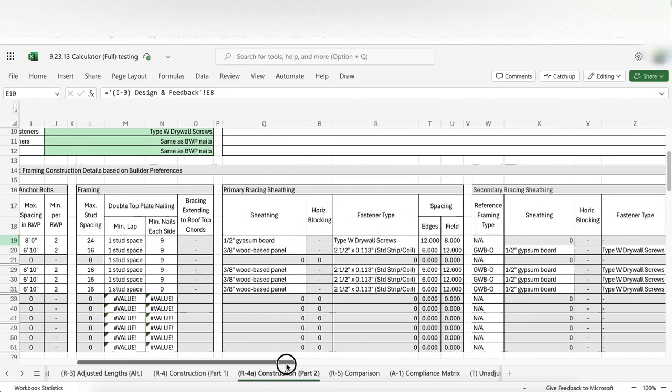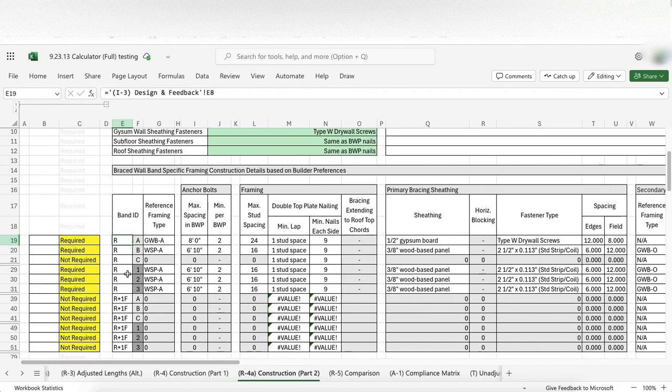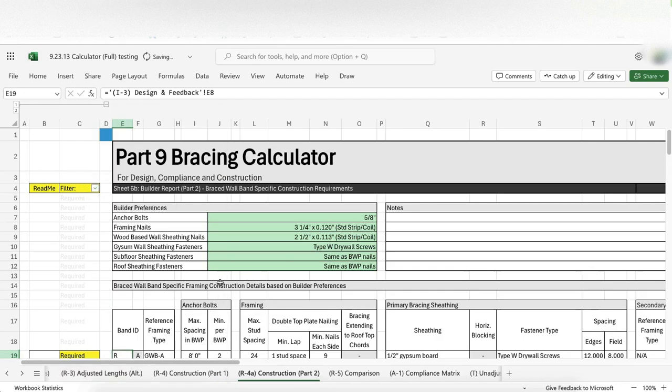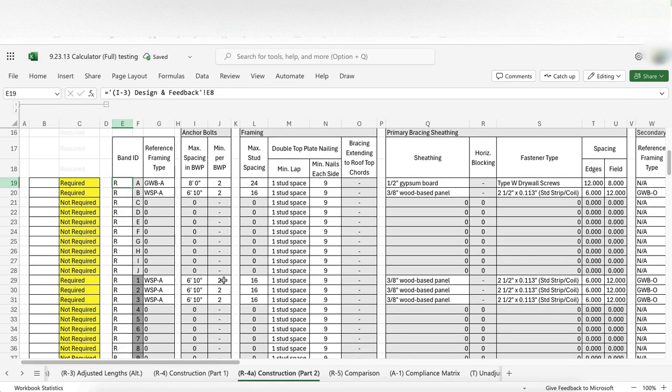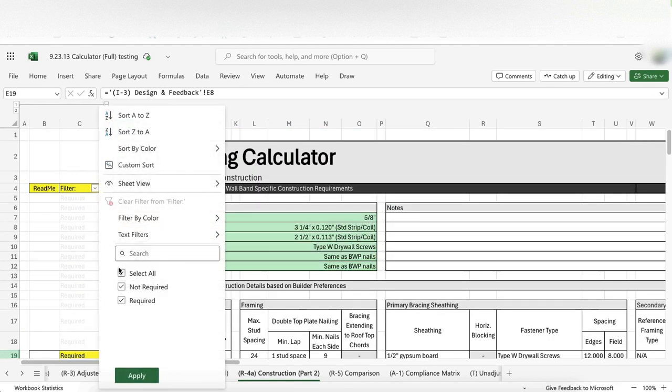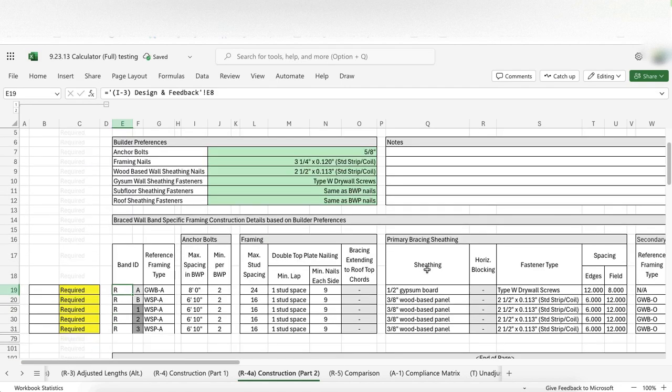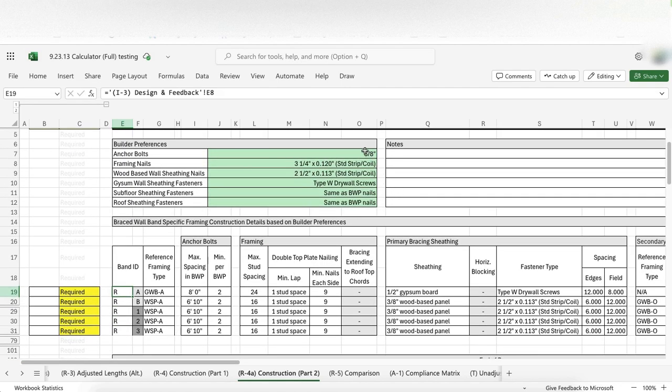Again, there's a lot of information that's coming through from the calculator. I'll change this to required. There's a lot of information that's coming back from the calculator based on these inputs here.